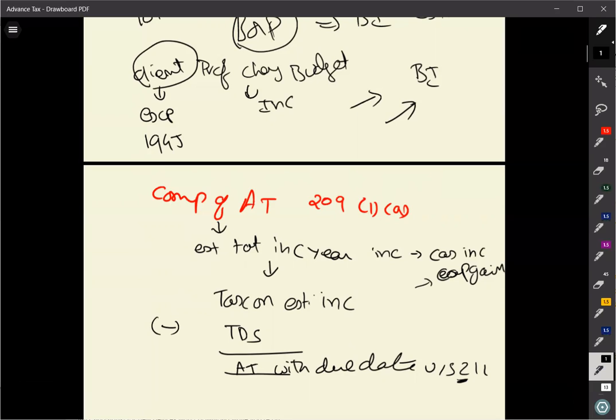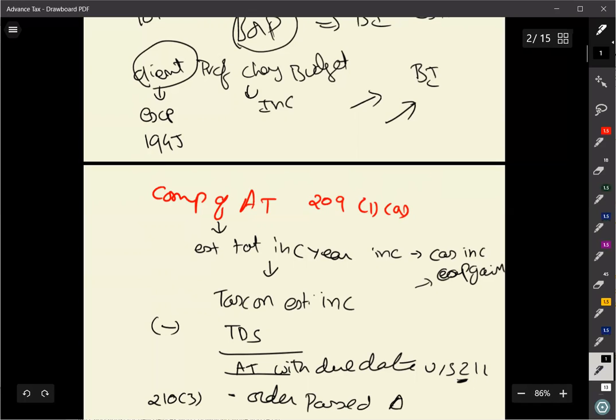Now, in some cases you are not able to determine your estimated income, and you are not paying your advance tax. There, what will happen? Advance tax can also be paid under section 210 subsection 3, based on an order passed by the assessing officer. The assessing officer issues a notice asking you to pay advance tax for a financial year.